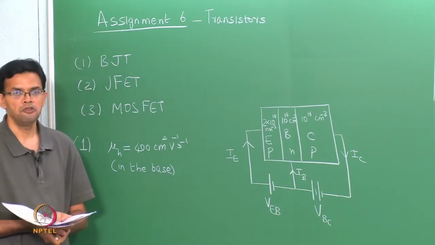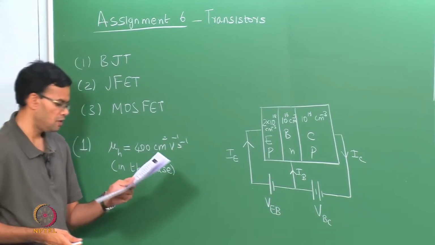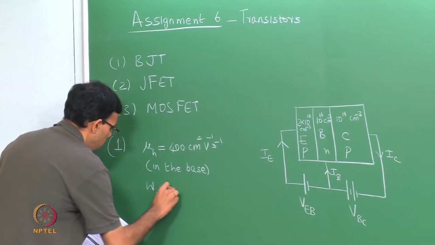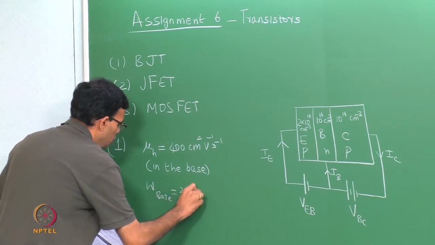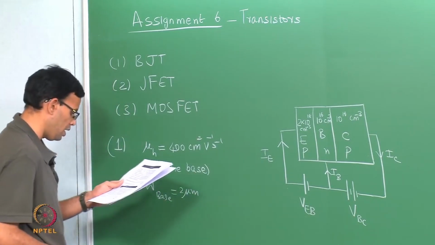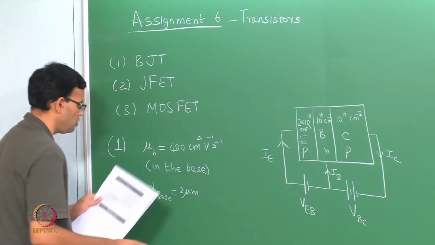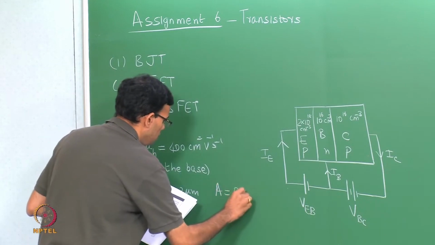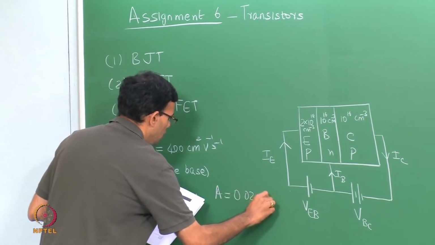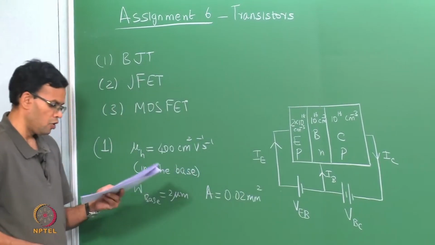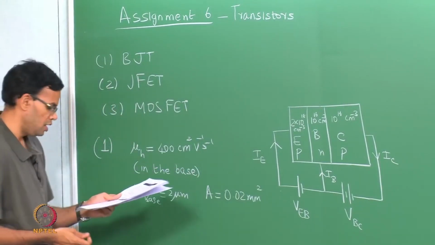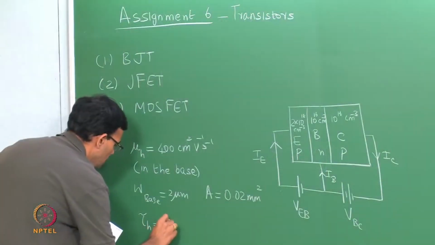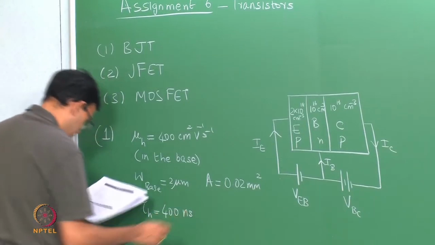The width W of the neutral base region is 2 micrometers, and the device cross section A is 0.02 millimeter square. The hole lifetime in the base, tau_h, is 400 nanoseconds.